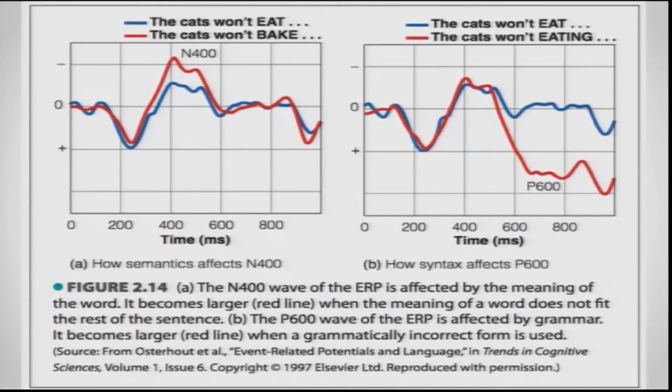On the right panel, you can see "the cats won't eat" and "cats won't eating." This is just a mistake of grammar in the second sentence. Here in the right panel you can see a positive peak coming up around 600 milliseconds. In this sense, these two components of ERP tell you how quickly you are detecting these kinds of anomalies while reading particular sentences.